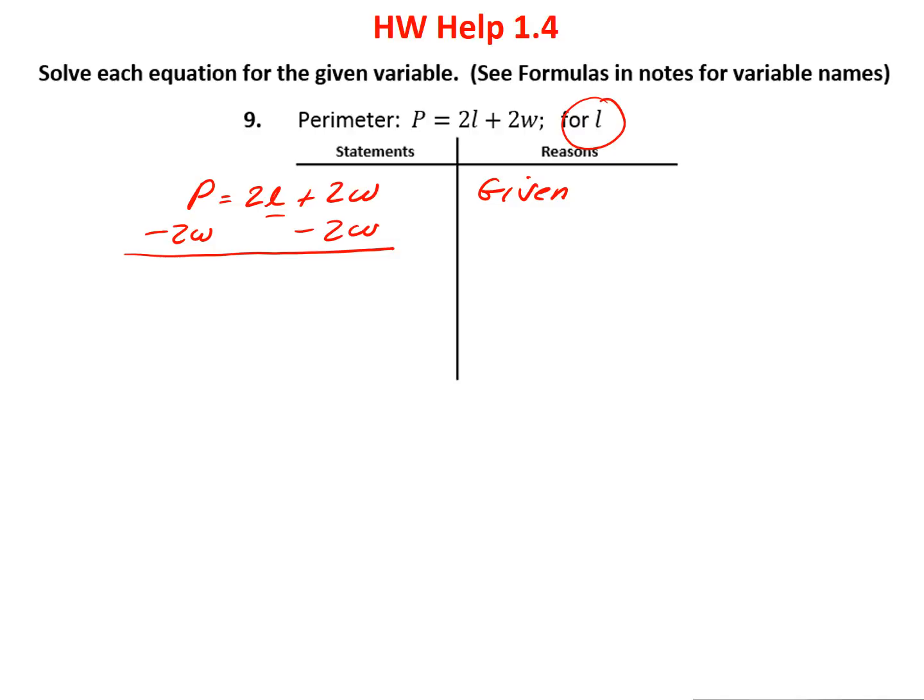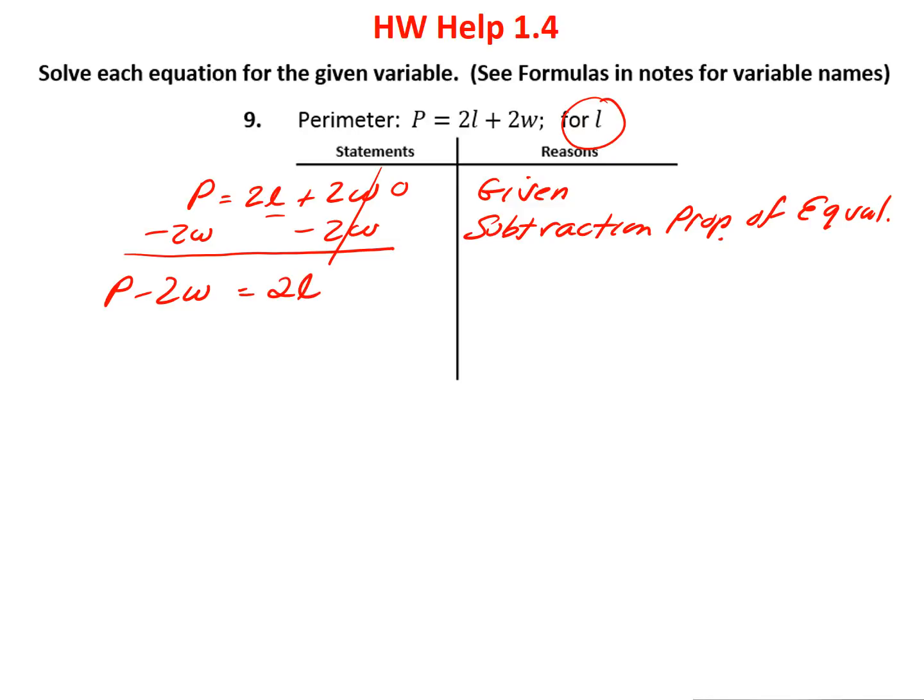Notice by doing this, this goes away. And of course, this is the subtraction property of equality. So we get P minus 2W equals 2L.